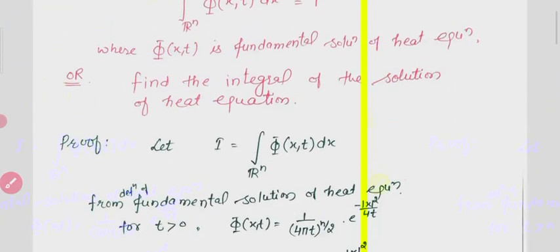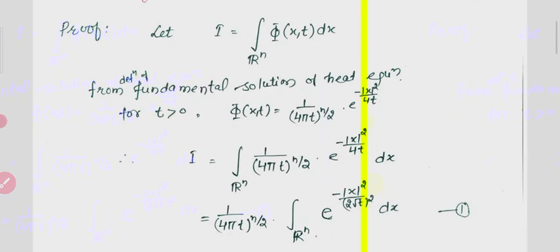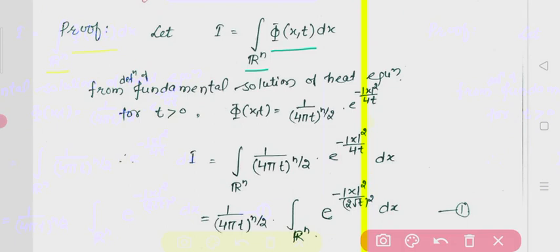So let us prove that. Let I be the integral of capital phi of x, t over Rn. Now from the definition of the fundamental solution of the heat equation, for t positive, capital phi of x, t will be equal to 1 upon (4 pi t) raised to power n by 2 into e raised to power minus mod x squared divided by 4t.